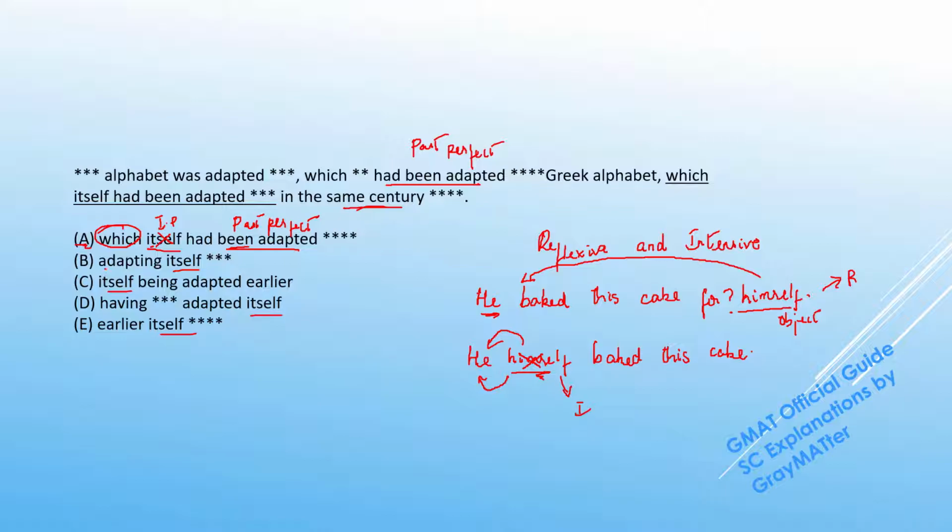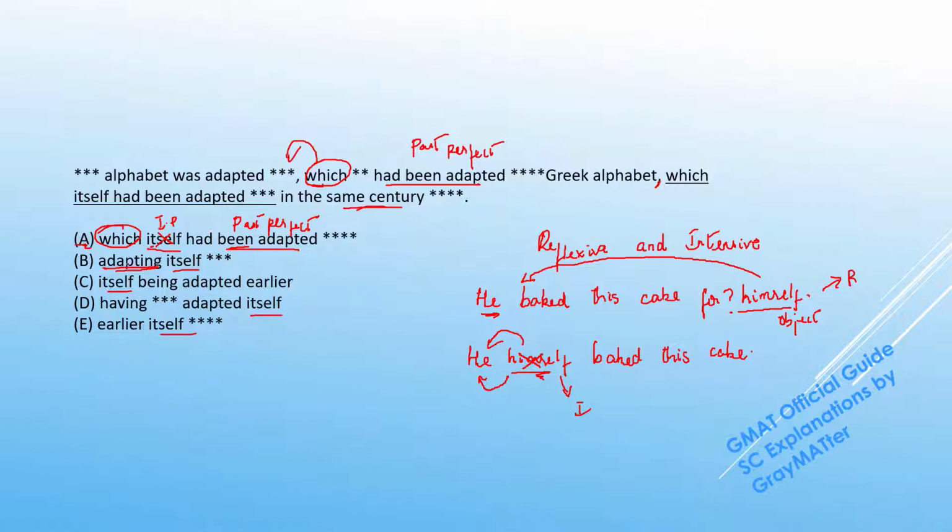Now, if you look at B, this is the present participle modifier construction. And please note that this comes after the comma. So you should know the usage of the present participle modifier at the end of the clause, right? It modifies the clause and applies to the subject of the clause. But the subject of the previous clause is this which, this pronoun which is referring to the noun in front of it.